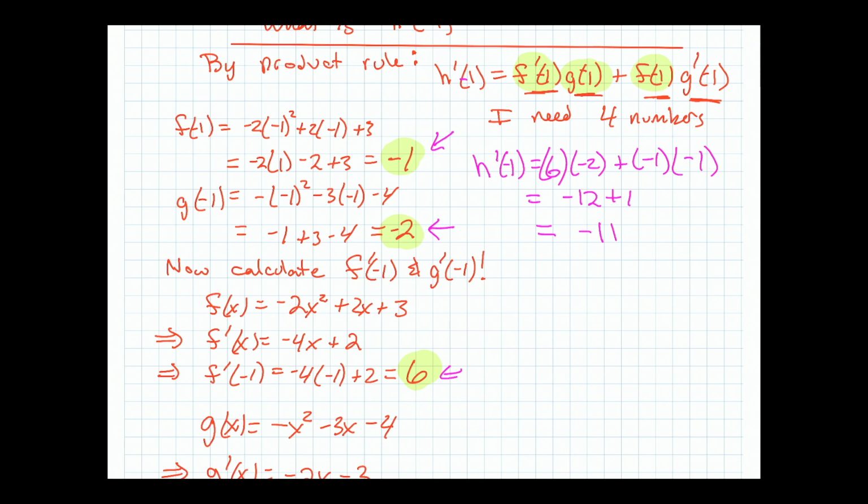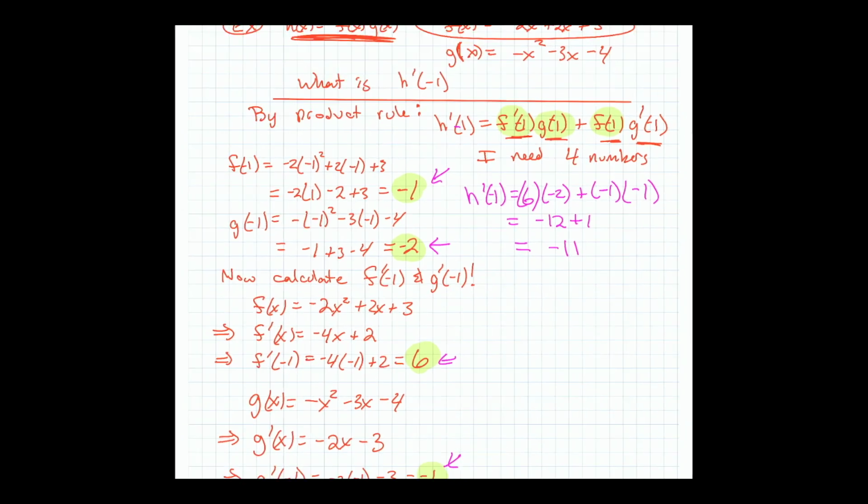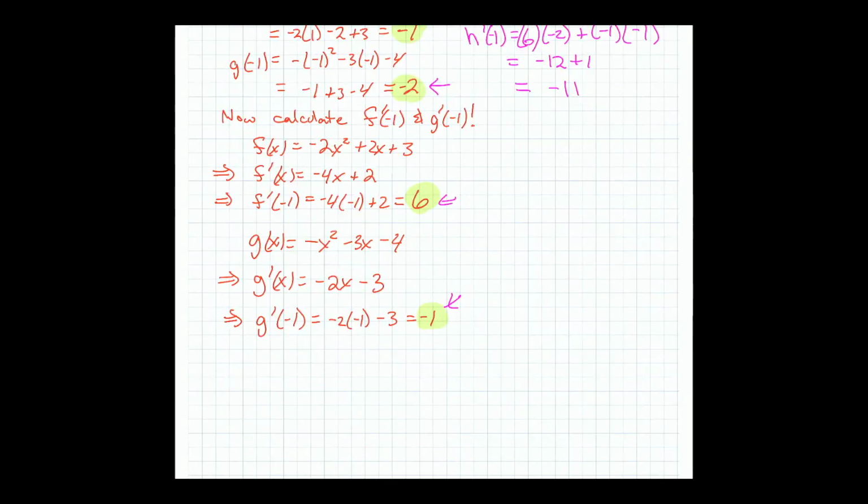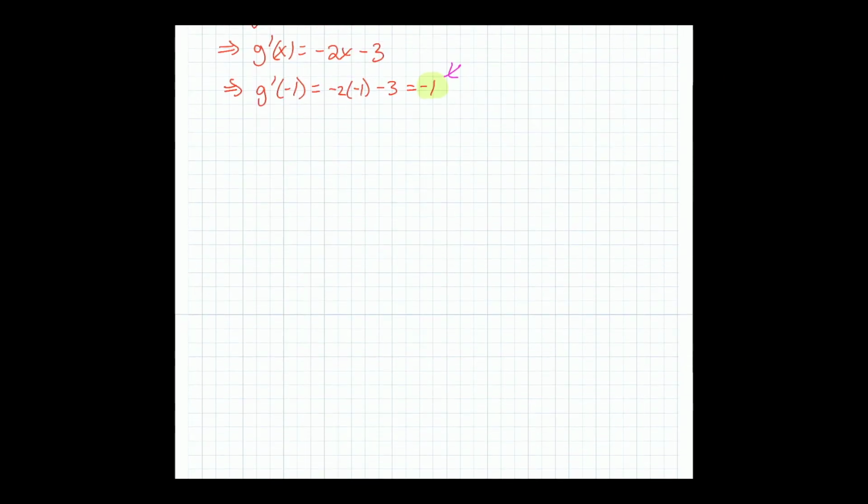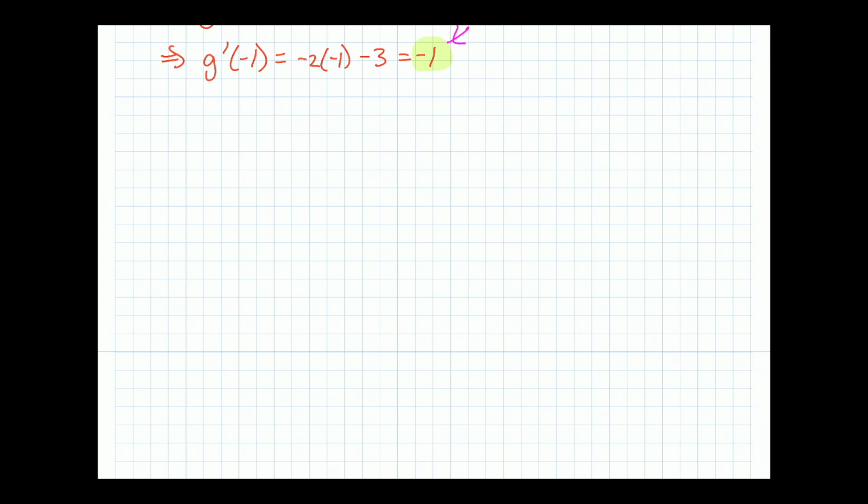Okay. So let us talk a little bit about the quotient rule now, because we're already 50 minutes in. So let's look at the quotient rule. I said it was going to be short, but clearly I was wrong. Let's write it down.